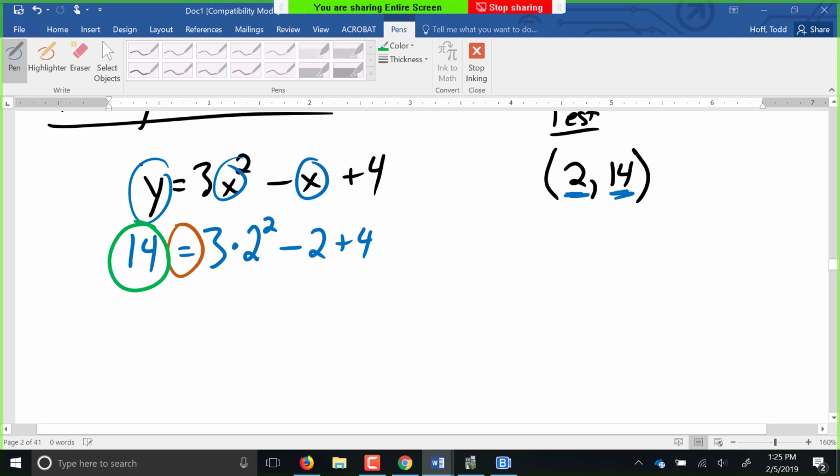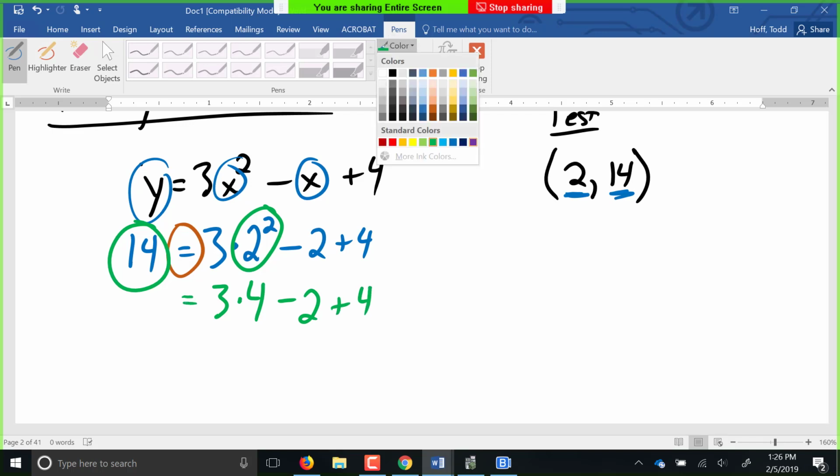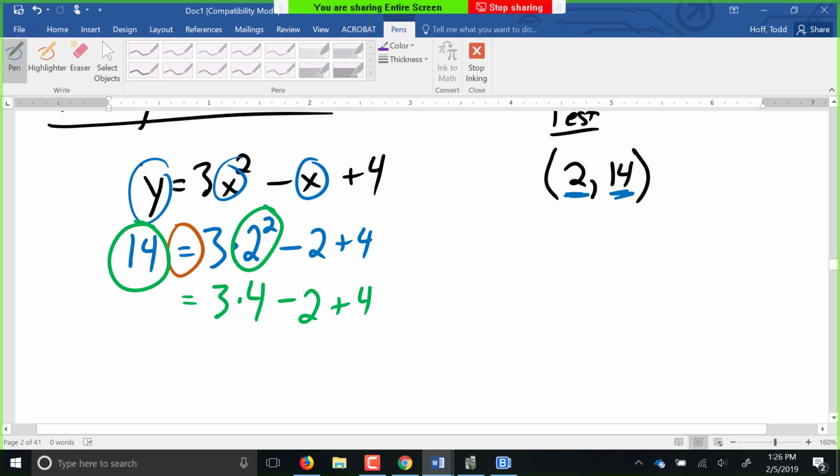The left side is just 14. There's nothing else over there. On the right side, I have to do my order of operations. What would be the first thing we would do? The x squared, the 2 squared, I should say, which is 4. Now we have to multiply 3 times 4, which is 12.